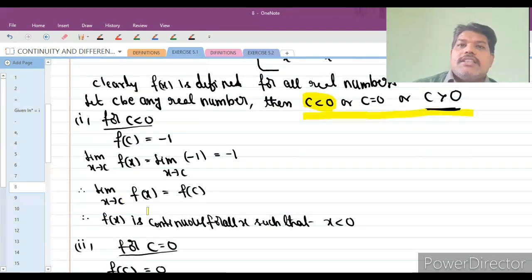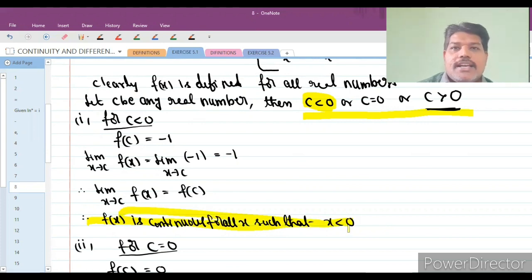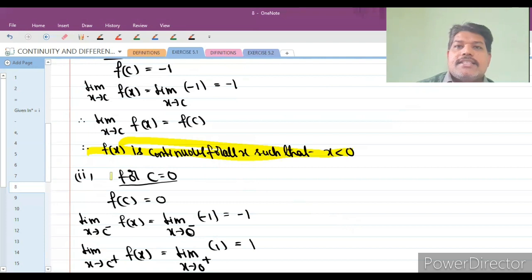So in this case the function is continuous for all x such that x value is less than 0. The second case, I am going to take c equal to 0. In this case it is an important condition.